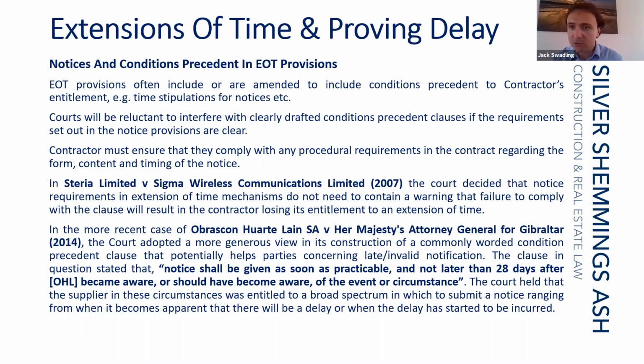What these clauses seek to do is, I suppose, from the employer's perspective, give them a degree of certainty about how delay events must be dealt with by the contractor and what happens if the contractor doesn't deal with them as and when they arise during the works.